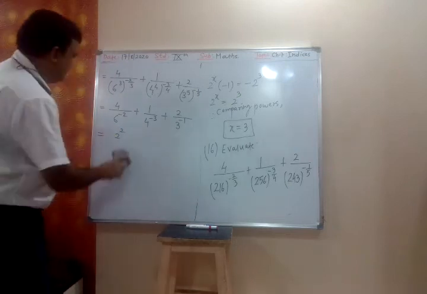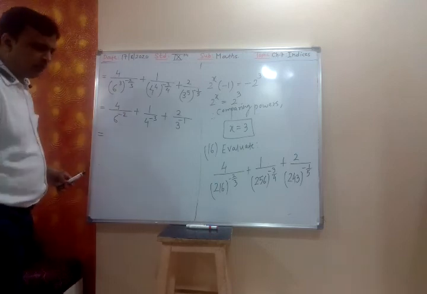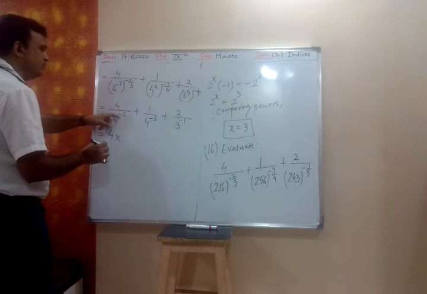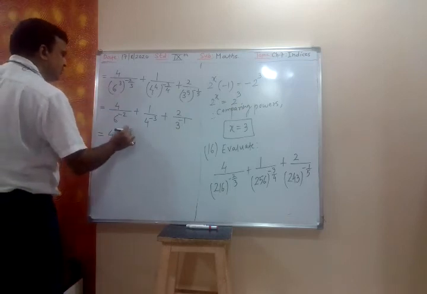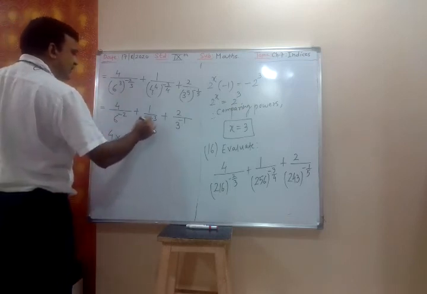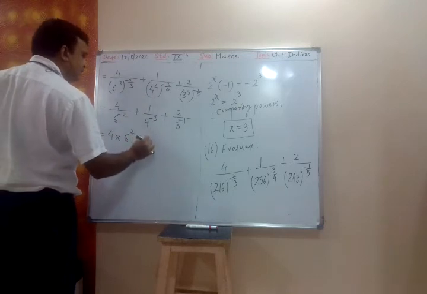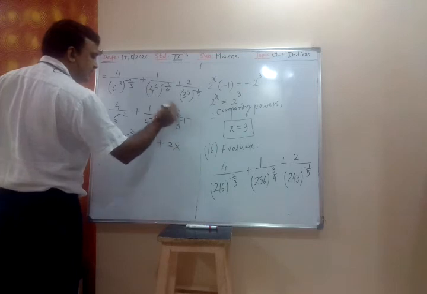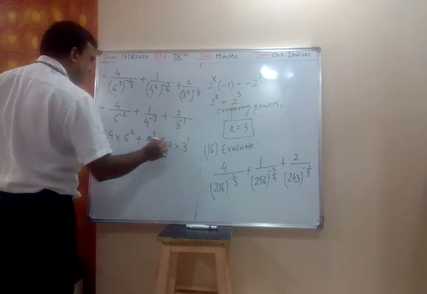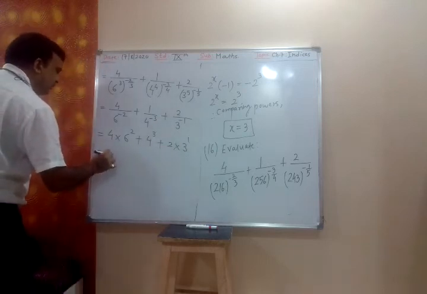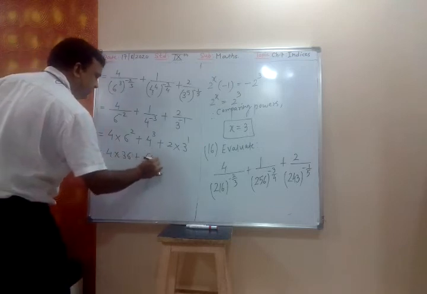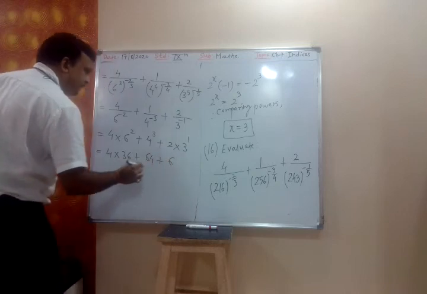Now 6 raised to minus 2 I will take up, it becomes 6 raised to plus 2. 4 raised to minus 3 becomes 4 raised to plus 3. Then 2 into 3 raised to minus 1 becomes 3 raised to plus 1. So 4 into 6 square is 36, plus 4 cube is 64, plus 2 into 3 is 6.